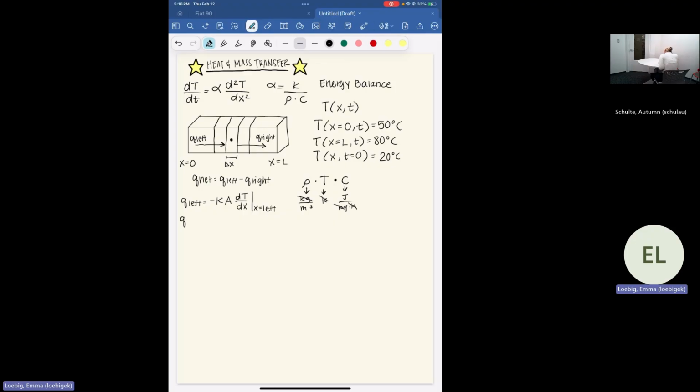Q right, similarly, can be written out as negative the thermal conductivity multiplied by the area multiplied by the change in temperature with respect to position, evaluated at x from the right. And just for clarification, when I talk about left and right here, I'm not necessarily talking about this left and this right, but rather the left side of this brick and the right side of this brick.